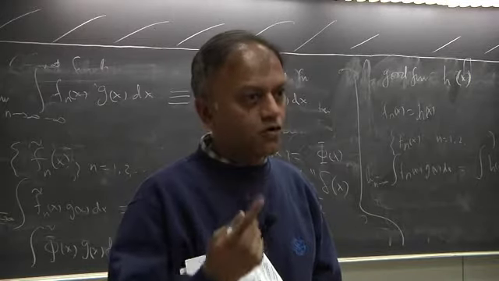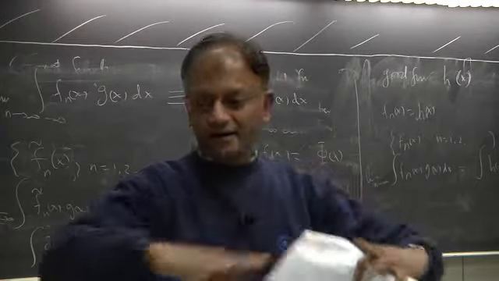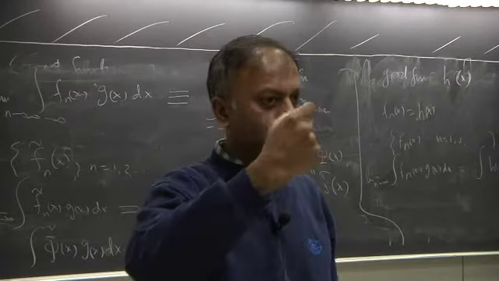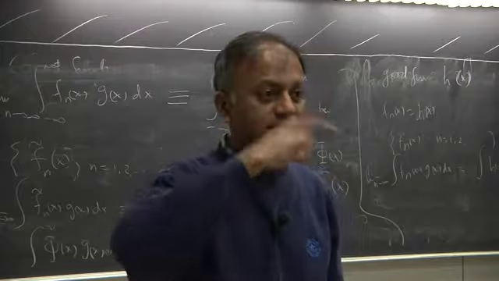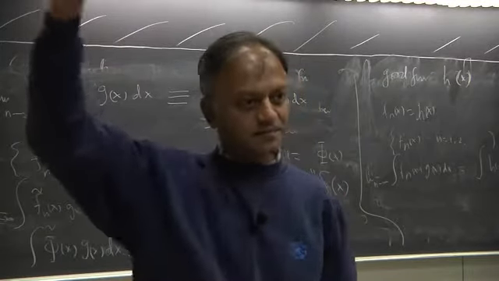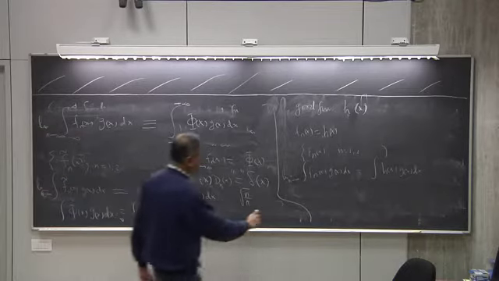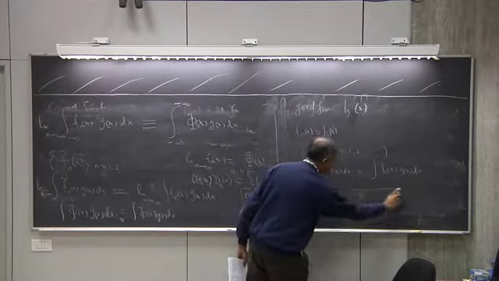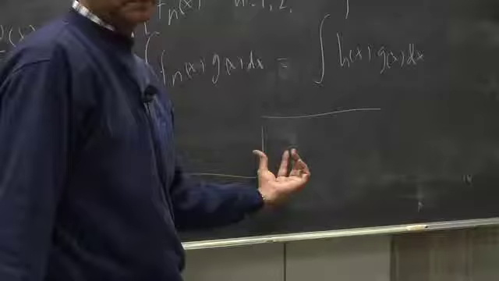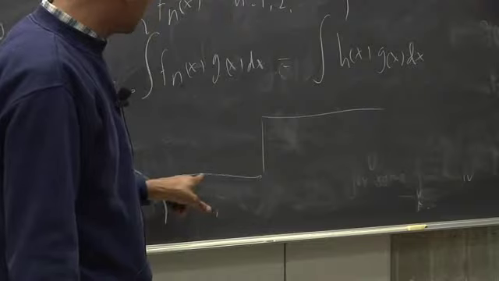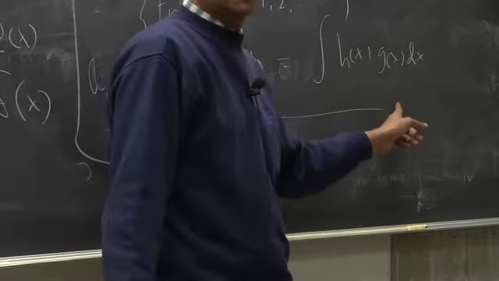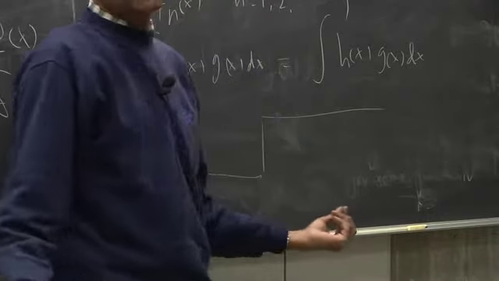Or, for example, you may say that the delta function still goes to 0 at infinity, so the only problem is at x equal to 0. But what about the step function? The step function is again a generalized function. You can write down a sequence of functions which behave like this: for x less than 0, it is 0; for x greater than 0, it's plus 1; x equal to 0 is not defined.